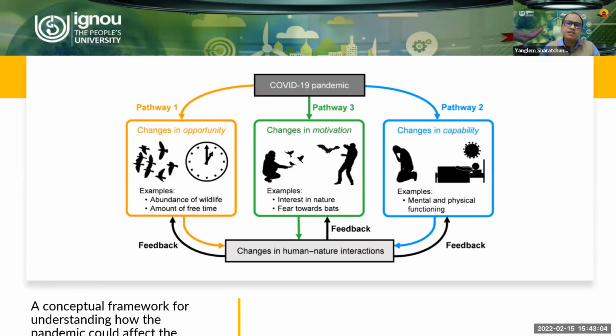The third part we can look at is changes in motivation. For example, we learn that if we limit the pressure on nature, if we minimize some activities, then it will improve the quality of nature, which is directly related to your well-being.